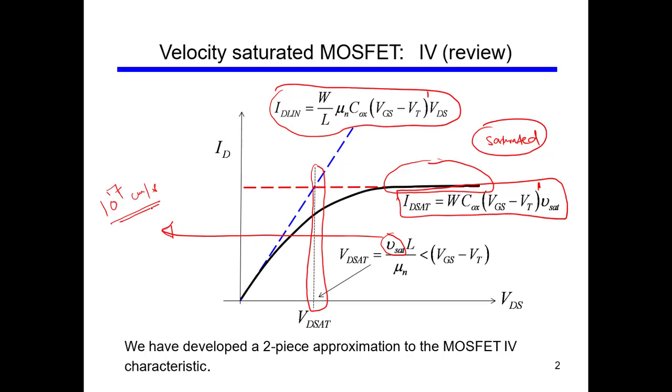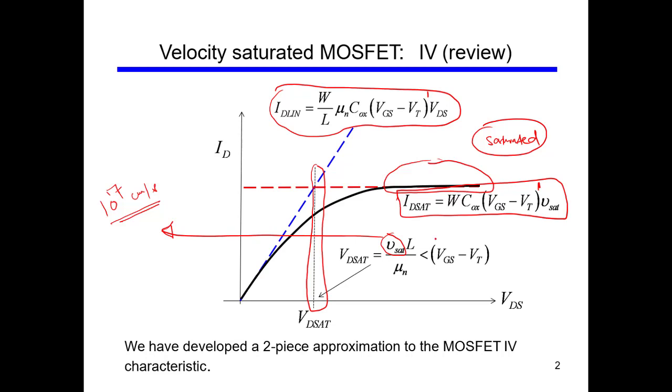This was the initial reason why the devices were called velocity saturated, that all the electrons will sort of saturate in speed at this limit. But actually we will see that there are exceptions, but let's keep that for a later point.